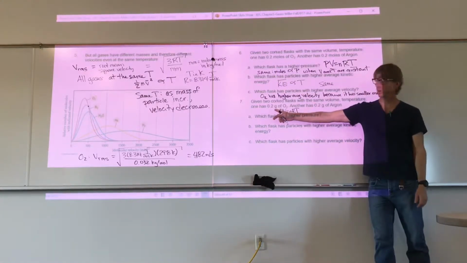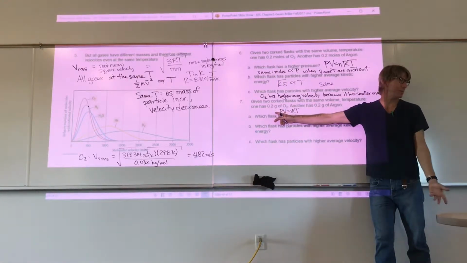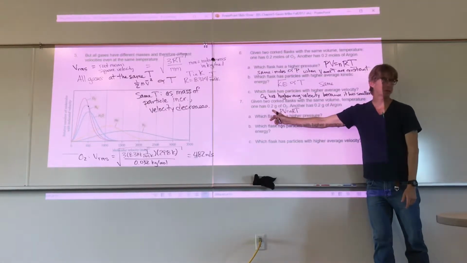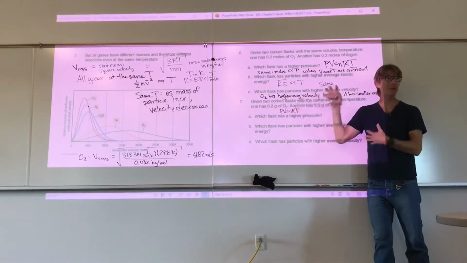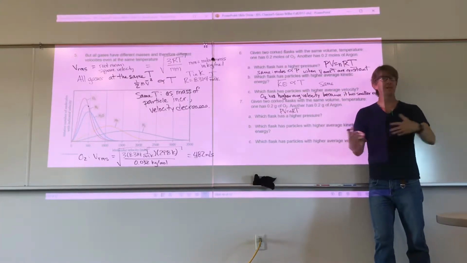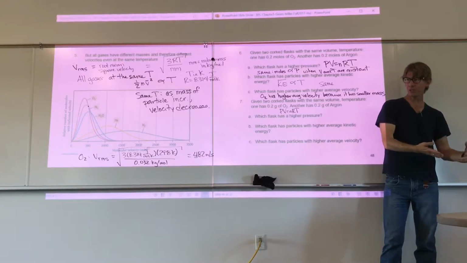And on an exam or on a homework, you get this equation, you just say, well, I need to know how many moles there are. I know how many grams there are. I know how to do the conversion. I think there are many ways to solve these problems. There's the more intuitive approach, and then there's the more calculations-based approach.